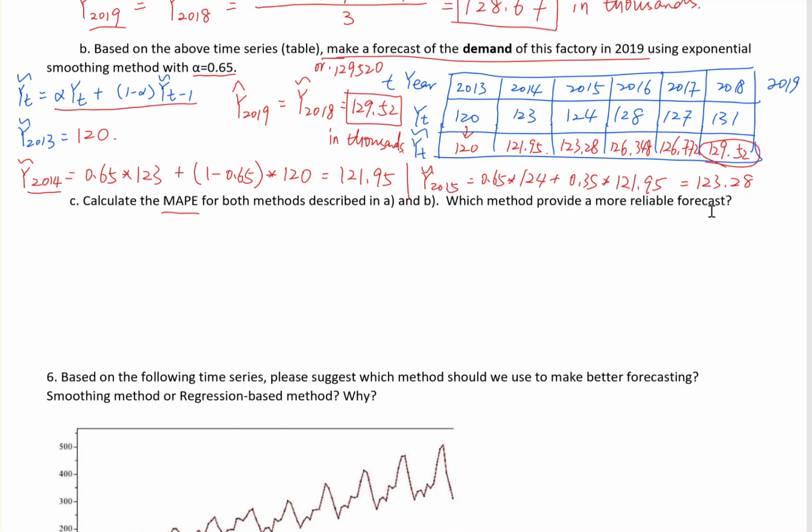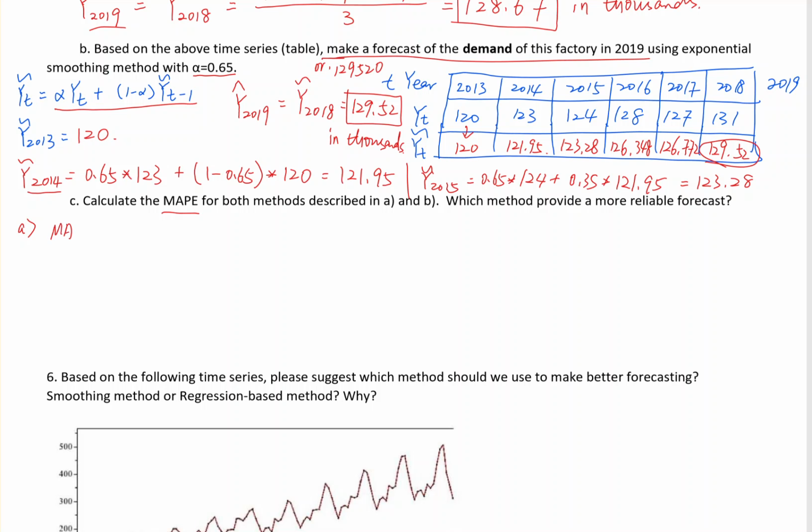We say the smaller the MAPE, the better, the more reliable for the forecasting. So actually what we need to do is just calculate the MAPE for the two methods. So now let's look at the first one.